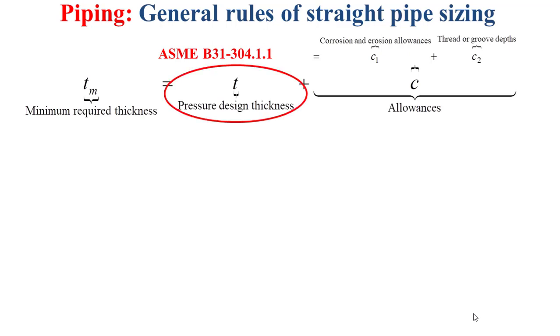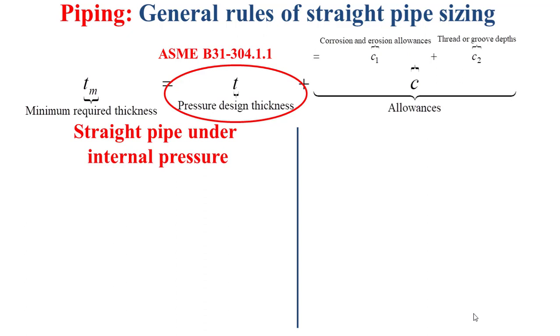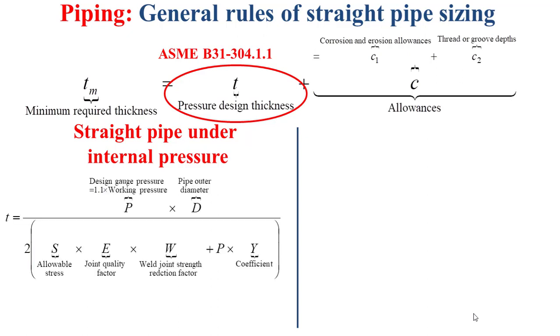And the pressure design thickness is obtained in two cases. Case one, of course, is when the straight pipe is subjected to internal pressure, and the pressure design thickness in this case will be obtained by the formula that you see now on the left of this slide.